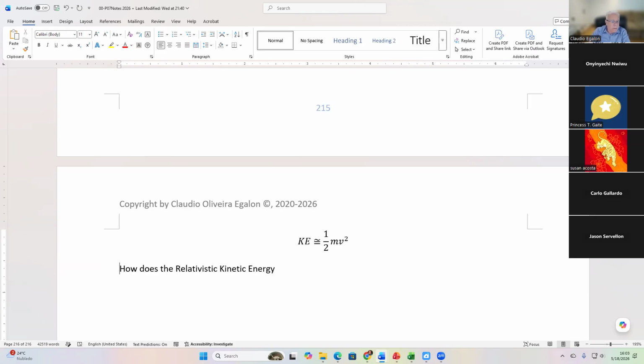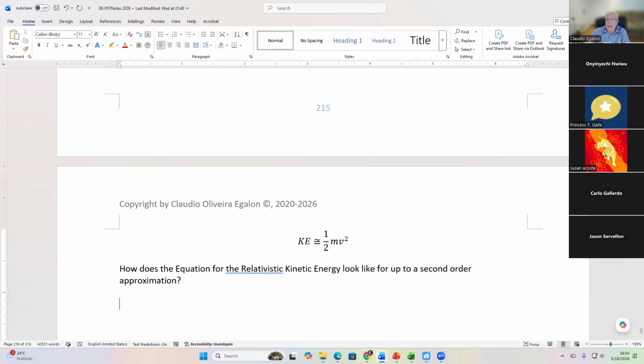How does the equation for the relativistic kinetic energy look like up to a second order approximation, right?